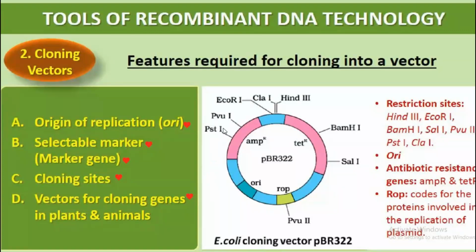Here you can see different sites. Ori is there, rop is there, then selectable markers we can see. Ampicillin denotes ampicillin resistance. This is tetracycline resistance. So we can study one by one in detail.